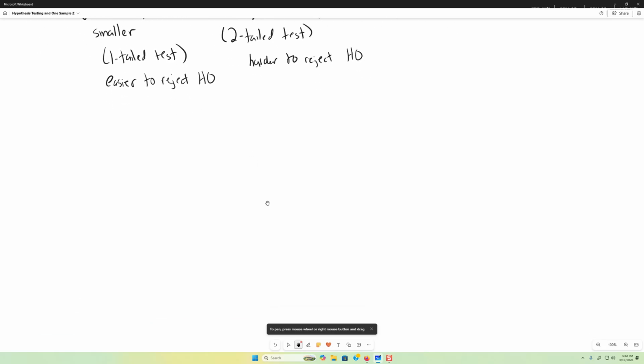Okay, so let's move on to the mistakes we can make. So we are going to compare our significance level, and our significance level is also known as our p-value.